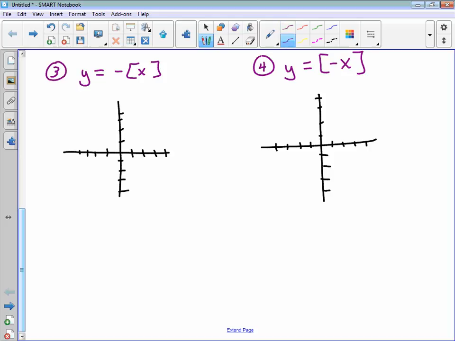Okay, so what's the difference between 3 and 4? Okay, and which one means which?